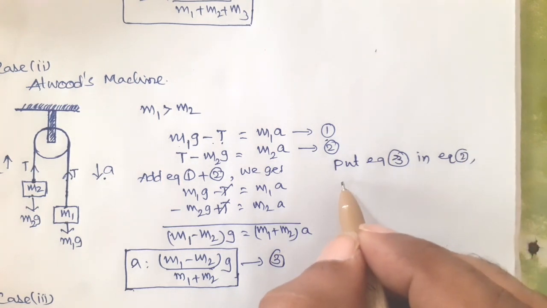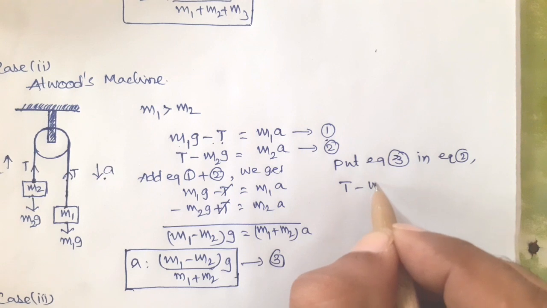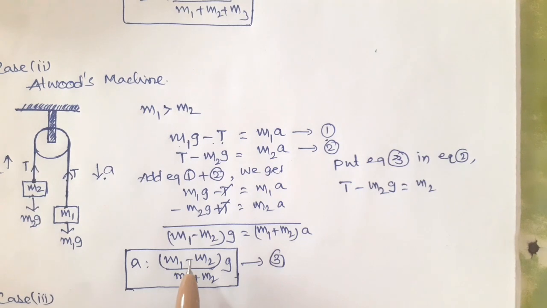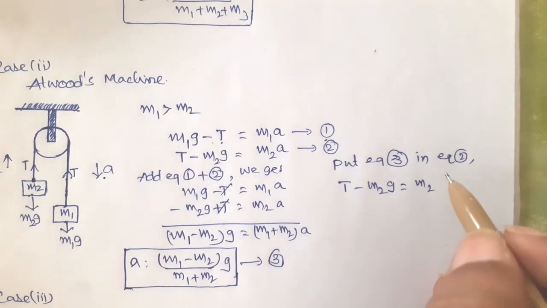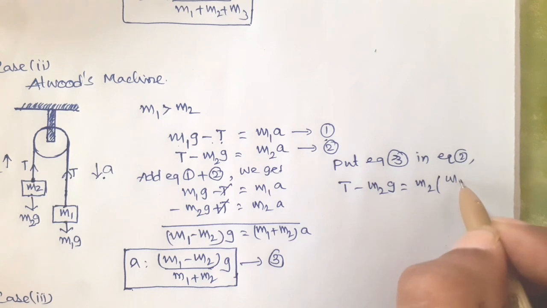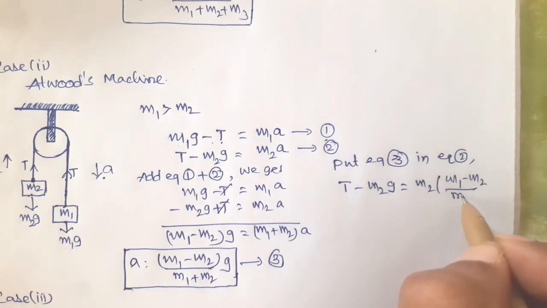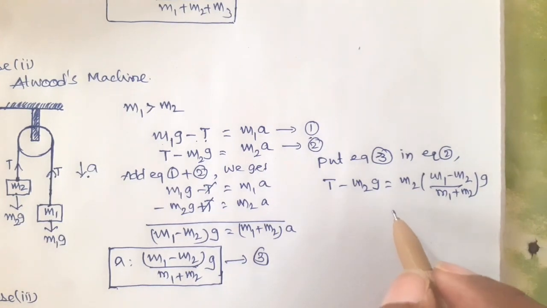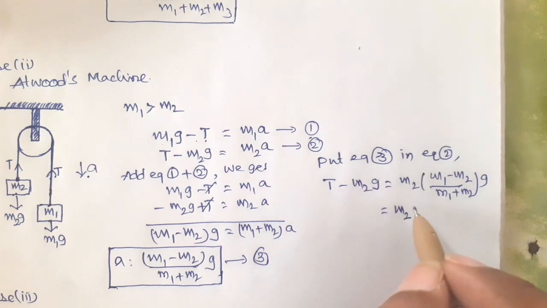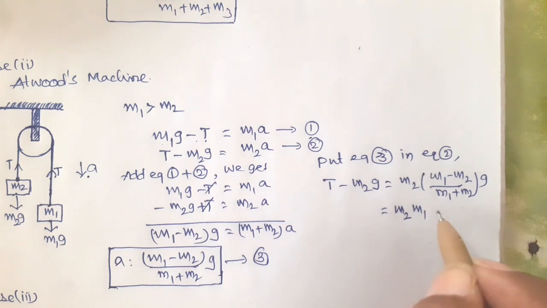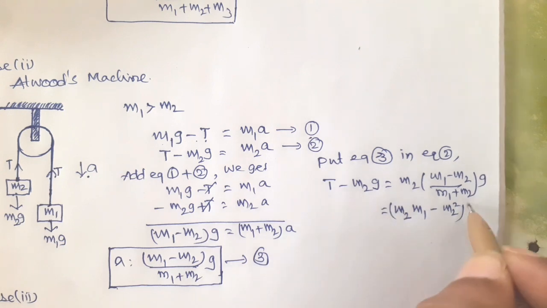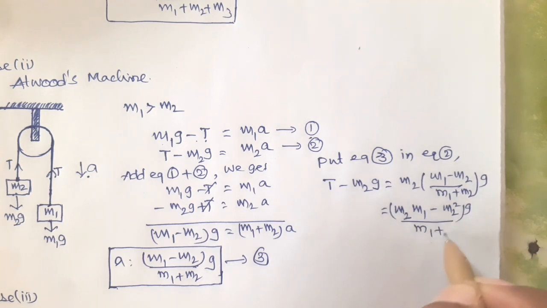Now T minus M2g is equal to M2, and here I substitute the acceleration value: M2 into M1 minus M2 by M1 plus M2 into g. Now expand this: M2 M1 minus M2 square into g by M1 plus M2.